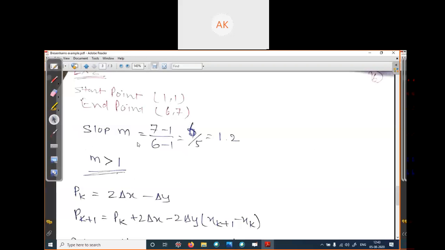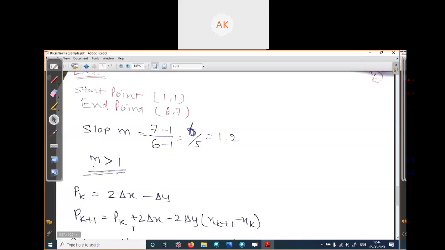So first calculate the slope of your line: y2 minus y1, 7 minus 1, and x2 minus x1, 6 minus 1, which is 6 by 5, which is 1.2, means your slope is greater than 1.